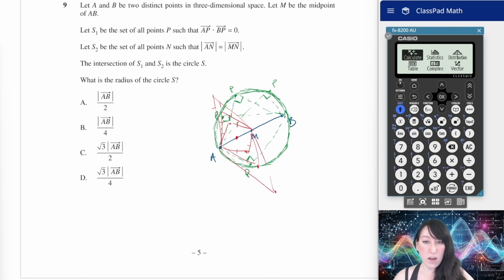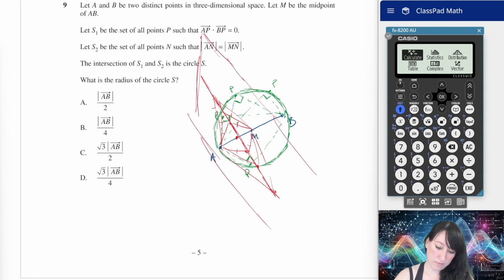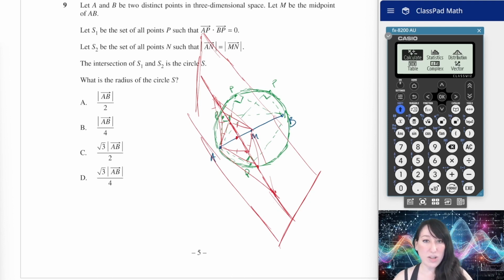So we could draw these all in a straight line, but it can also be rotated around. And so this is going to form a plane that intersects the sphere, which of course, when they cut each other, will form a circle.